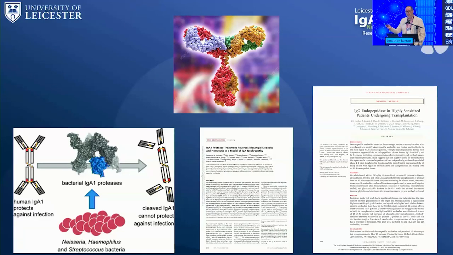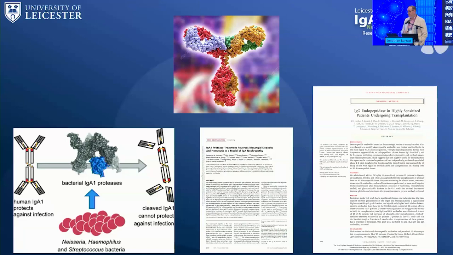Could that be a possible new approach? We already have an IgG protease, imlifidase, that is approved to treat patients ahead of transplantation who are highly sensitized. It takes all the IgG out of the circulation at the time of transplantation. So could this be an approach that's going to happen going forwards?